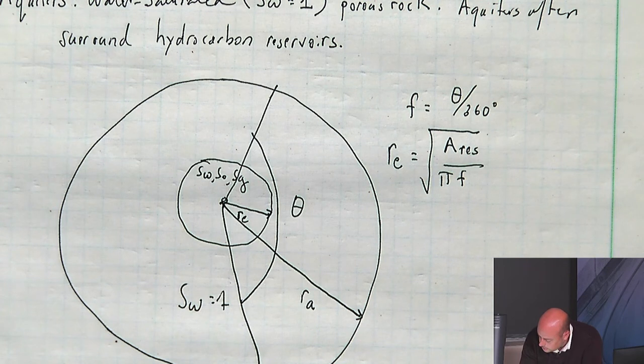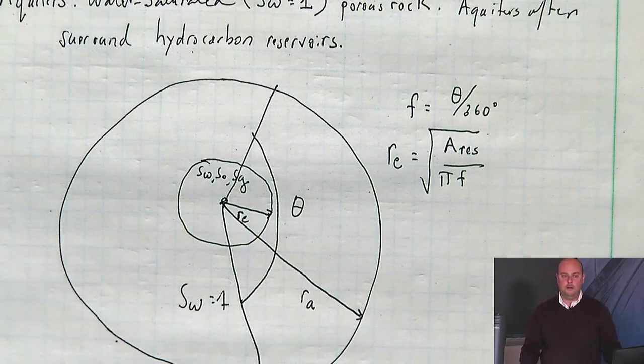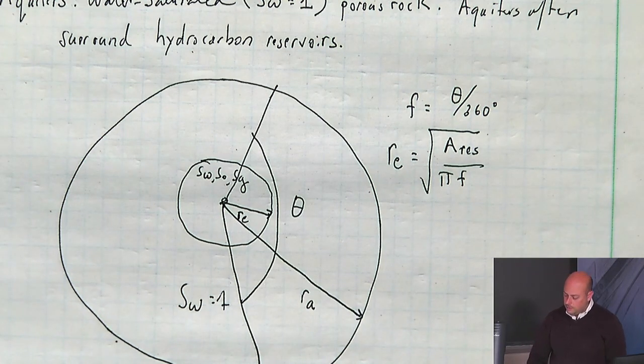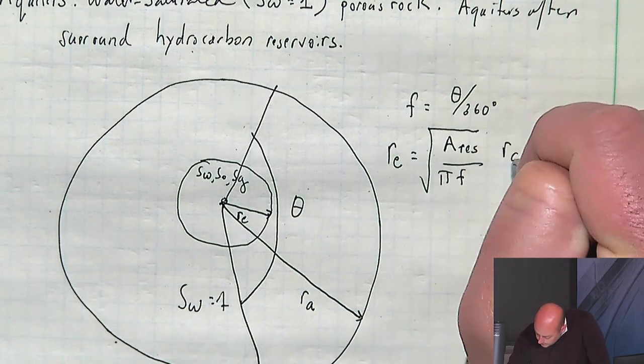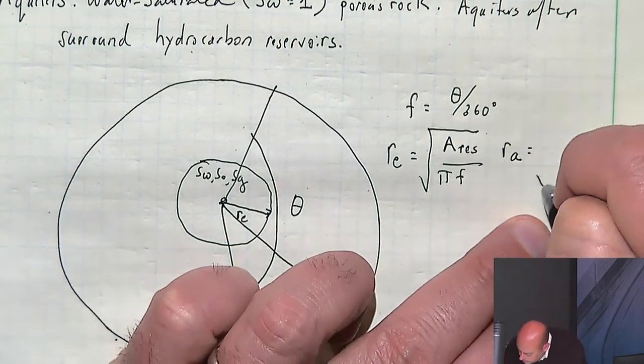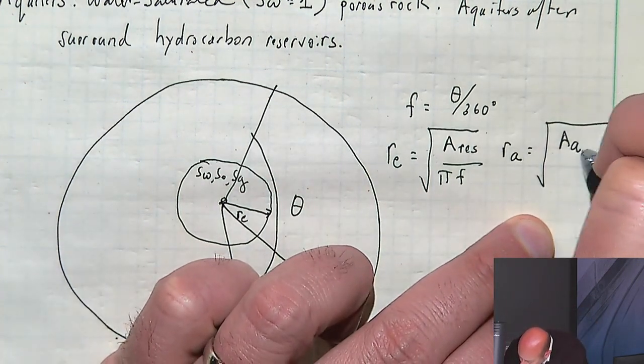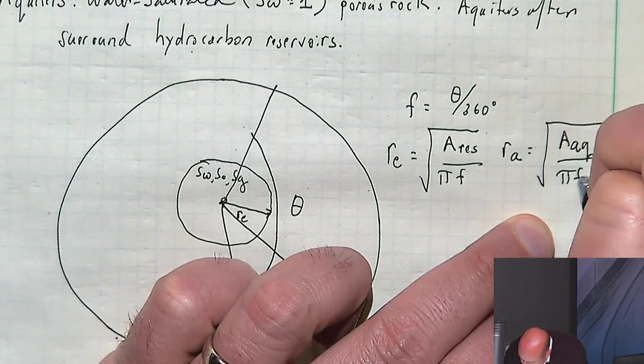Because we know that area is equal to pi r squared of a circle. So you correct with the f, and then if you want to find the radius, you take the square root of the area of the reservoir, which would be given by a geological map or something, divided by pi f. And then likewise, for the radius of the aquifer, you have the area of the aquifer divided by pi f.